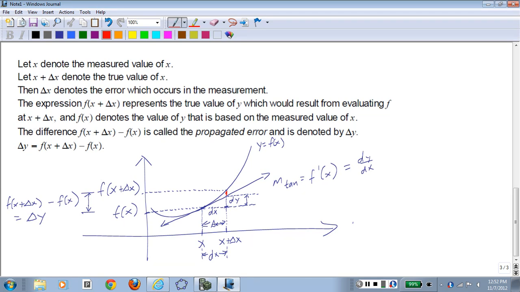So basically, dy is going to be used as an estimate for the error that takes place, or the possible error that exists in our calculation, if dx is the possible error that exists in our measurement. So we want to find dy and use that as an approximation for delta y. That's the idea in these calculations. Here goes.